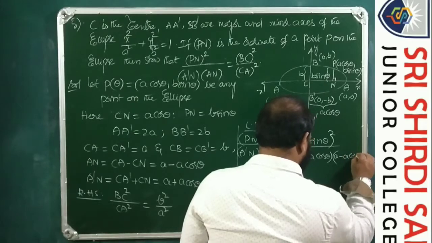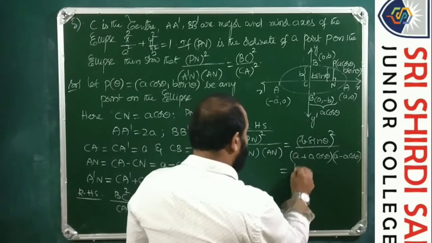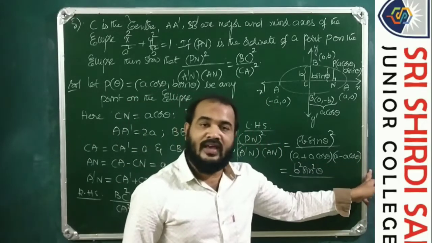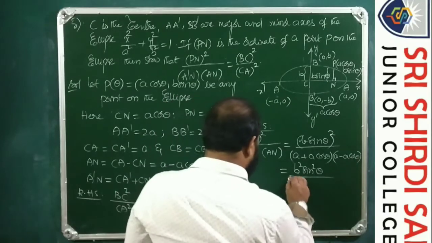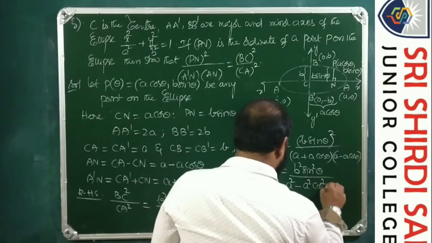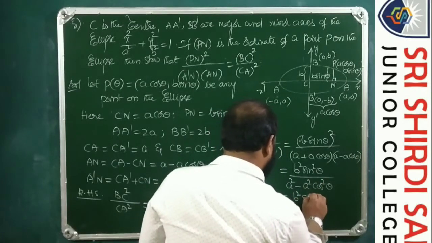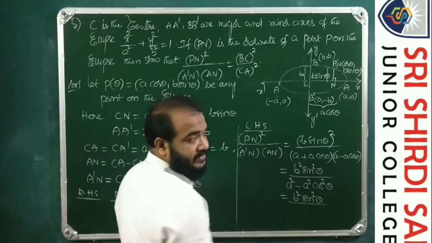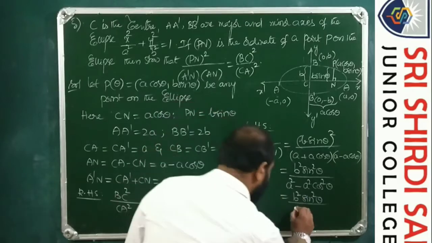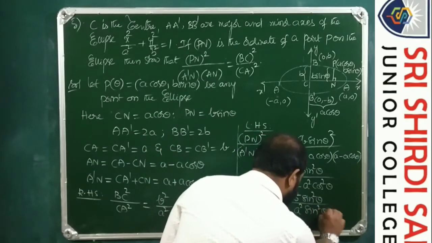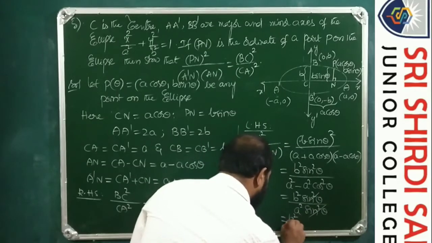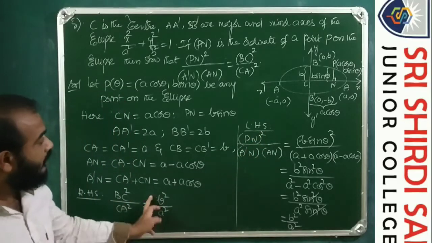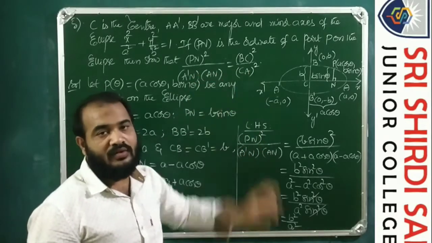So this is b square sin square theta by a plus a cos theta into a minus a cos theta, a square minus a square cos square theta. So b square sin square theta by, take a square in common, a square into 1 minus cos square theta. 1 minus cos square theta is sin square theta. Therefore this is a square sin square theta. So this is equals to b square by a square. Therefore LHS and RHS is b square by a square. Therefore this is proved.